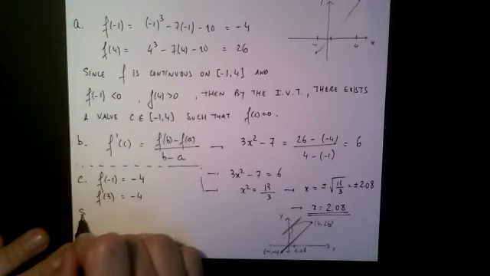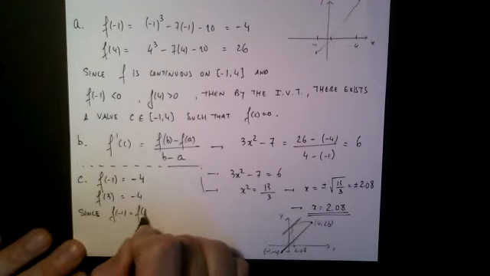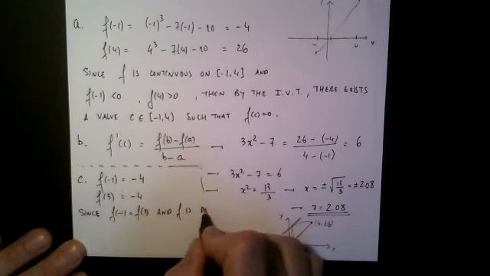So I'm going to write this: since f of -1 equals f of 3, and f is differentiable, right?